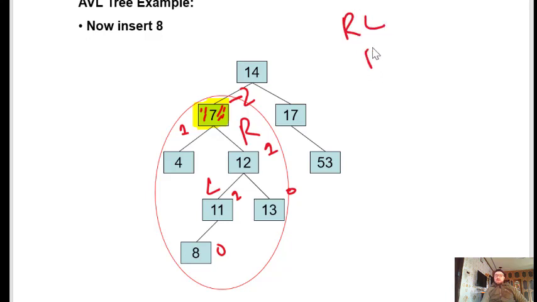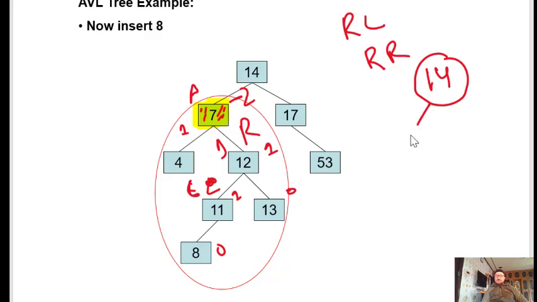You can convert it first to RR rotation, then convert it back, then do the next rotation. Or you can say this is my A, this is my B and this is my C. I can say make A and B child of C. That means C will come to the 17th position. So simple as it is. 14 is here. This way it becomes very simple.